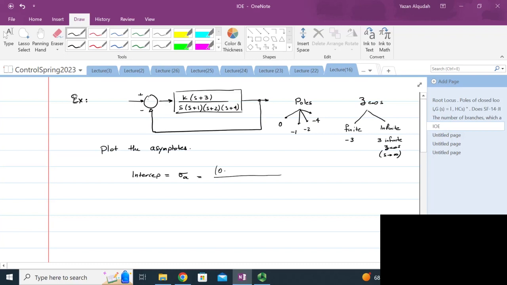So this is going to equal 0, minus 1, minus 2, minus 4, minus the zeros, divided by the number of finite poles minus the number of finite zeros. Together? So here we have 4 poles, we have 1 zero. So this is the 4, this is the 1, and then we have the actual poles and the actual zeros.